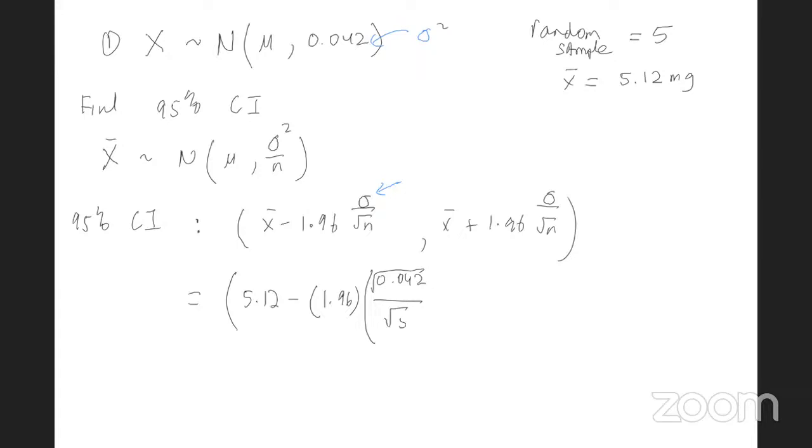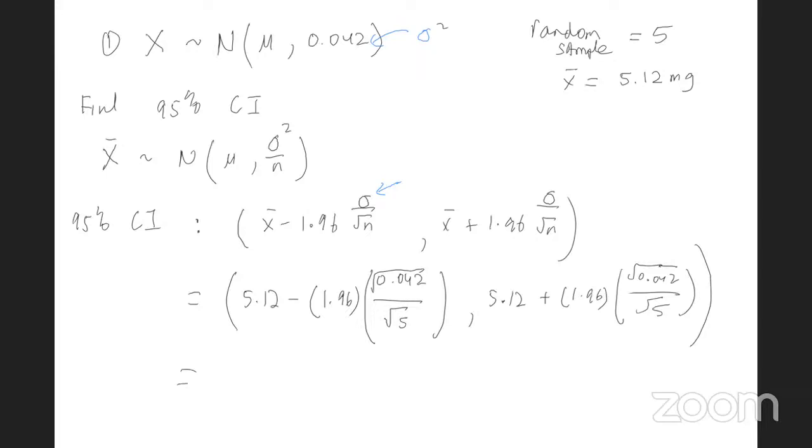That's your lower boundary. Then you do it again: 5.12 plus 1.96 by the square root of 0.042, all over the square root of 5.